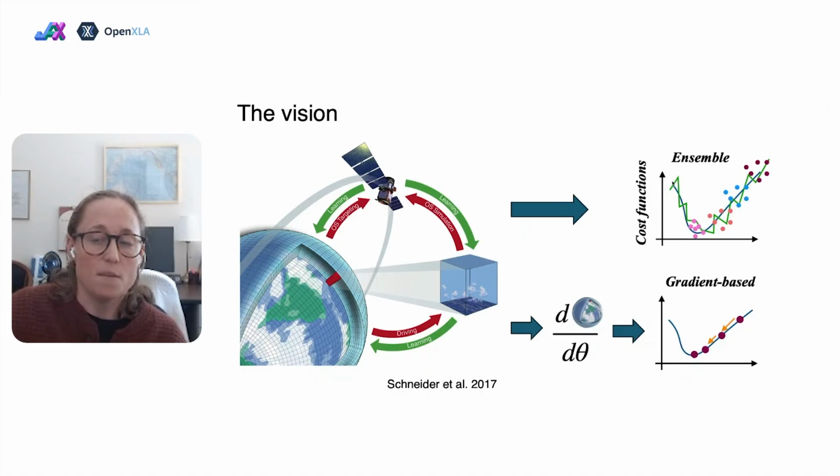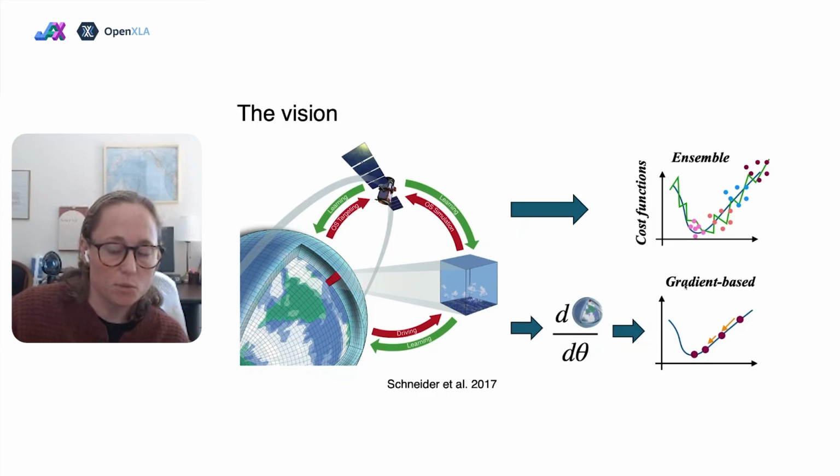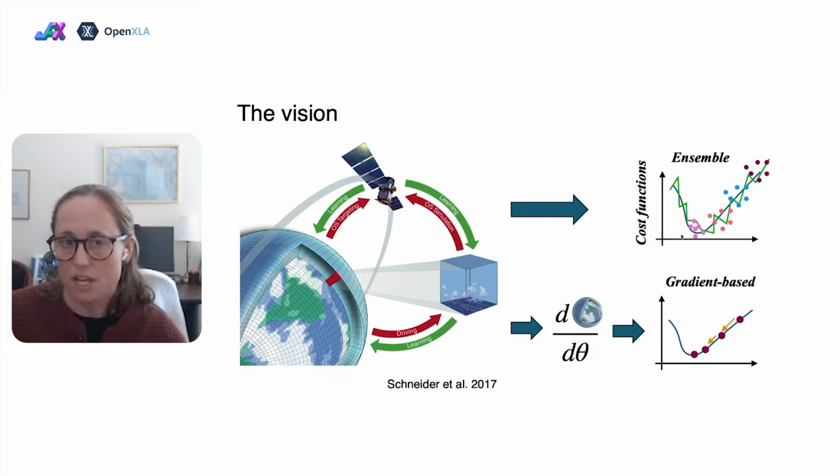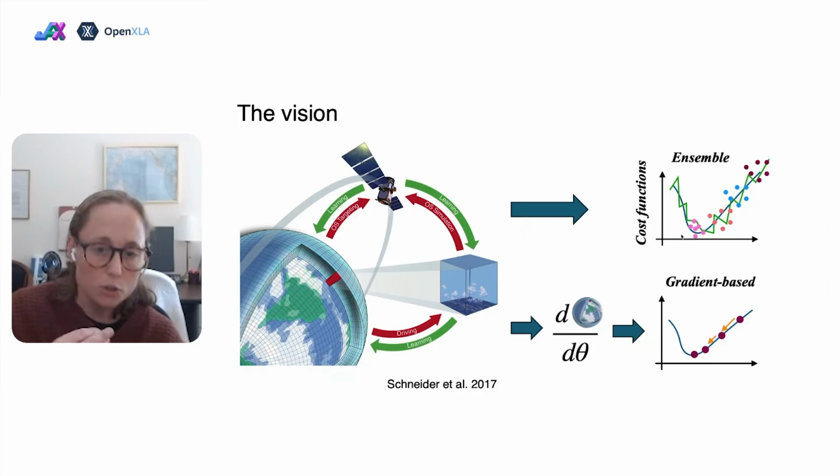In the past, we had to use these expensive ensembles to train parameters. Now we can use gradient-based methods to estimate the parameters, and then efficiently generate ensembles to get uncertainty quantification on those parameters, things like that. The idea is that we're trying to bring together all of these methods by providing the physics equations with the gradients and the opportunity to include machine-learned parameterizations as well.